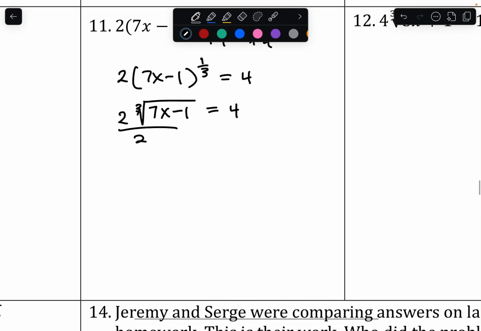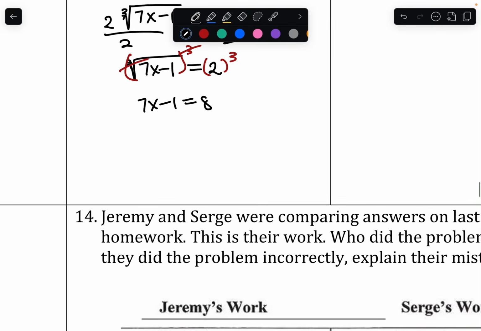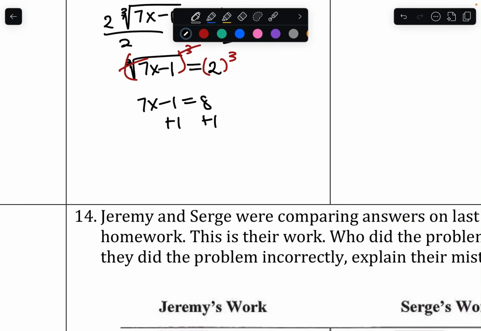Okay, we have to divide by 2. That does not affect the 7x minus 1. That's under the cube root. Now we are ready to cube both sides. And so that gives me 7x minus 1 equals 8. Now we have a linear equation, add 1, divide by 7, so x equals 9/7.